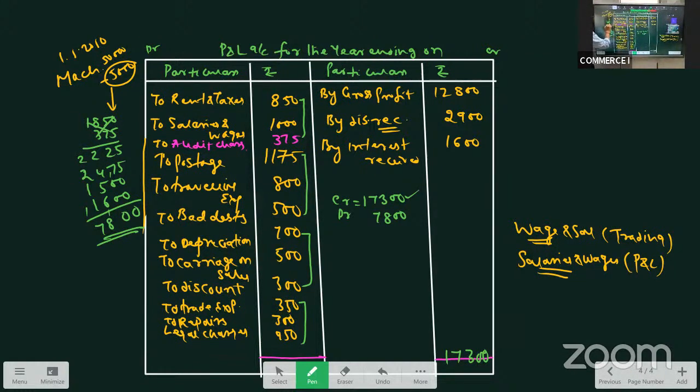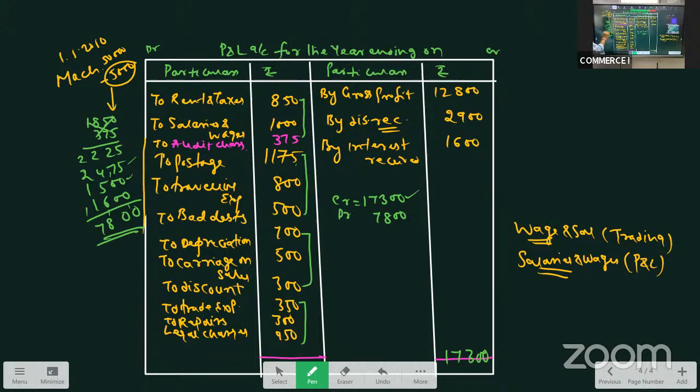1850, 375, 2225. Then we have these two, that is 2475. Then I took 700 and 500 and this 300, that is 1500. This is correct.